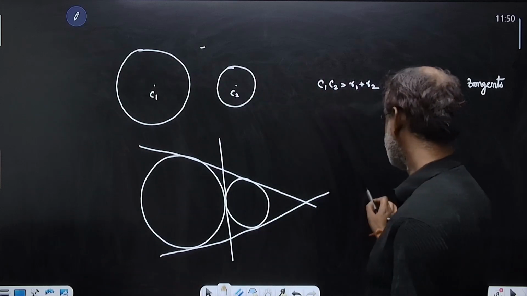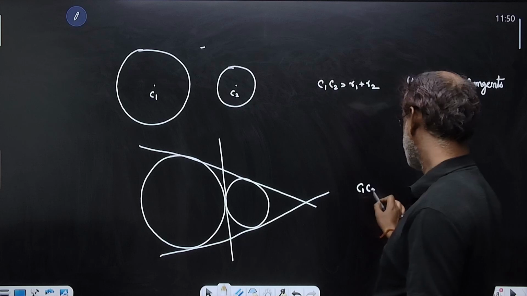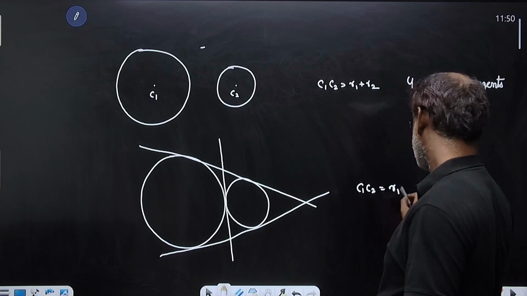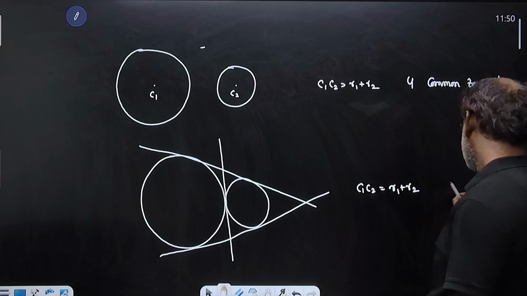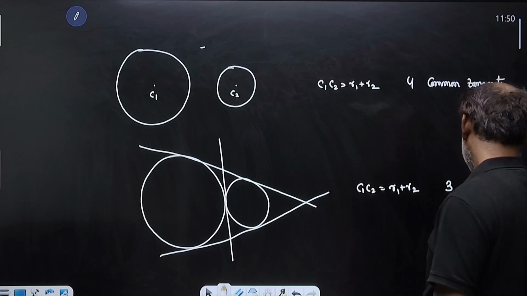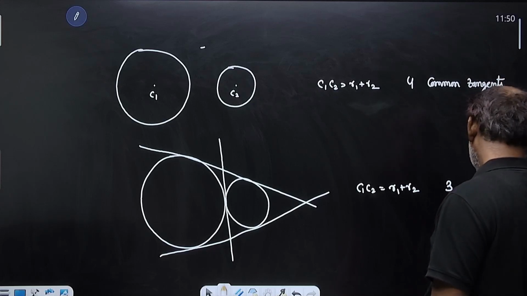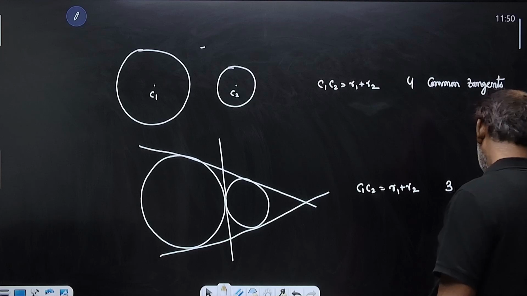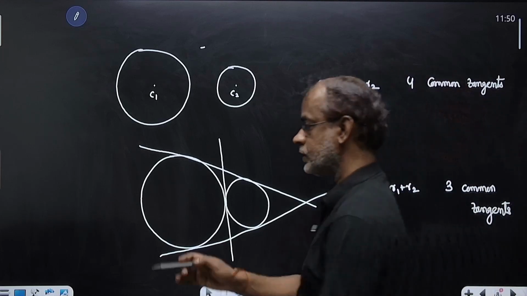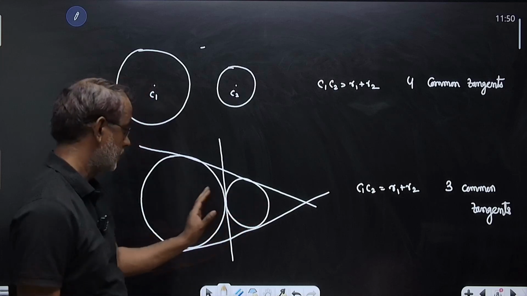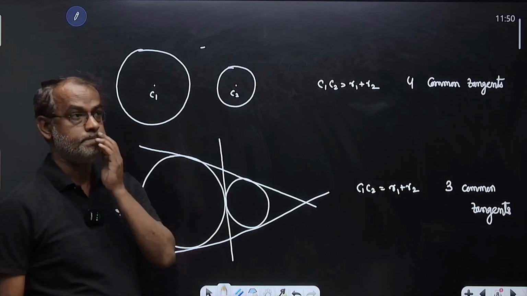So, when C1C2 is R1 plus R2, we have 3 common tangents.